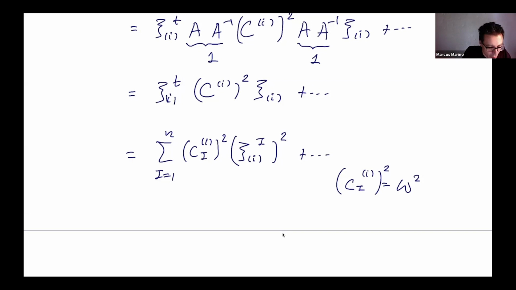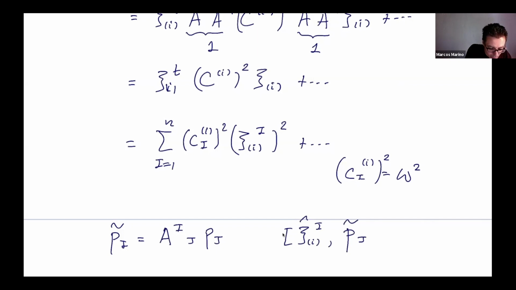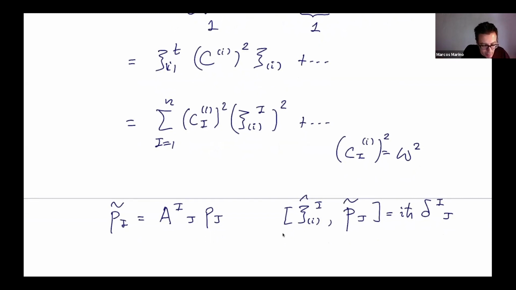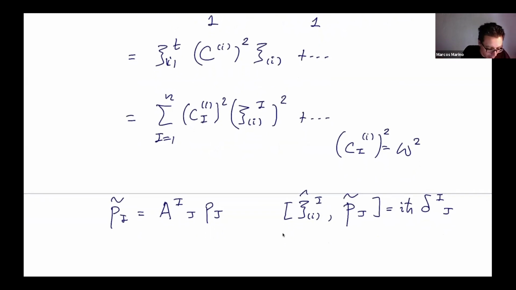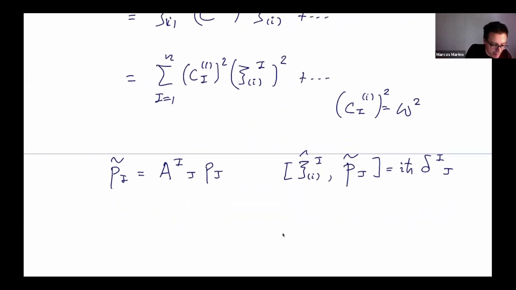But we also have to diagonalize the momenta, and it's also very easy to see that we can do a linear transformation of the momenta by the same matrix A_ij. If you do this, then the operator version of the normal coordinates satisfy the Heisenberg algebra with this linear transformation of the momenta. This is very easy to verify, just using that A is an orthogonal matrix.